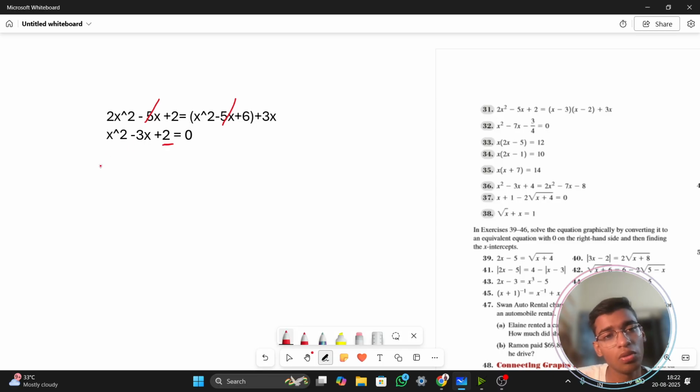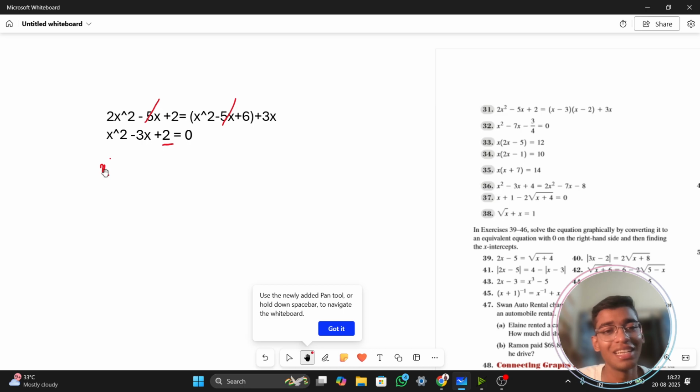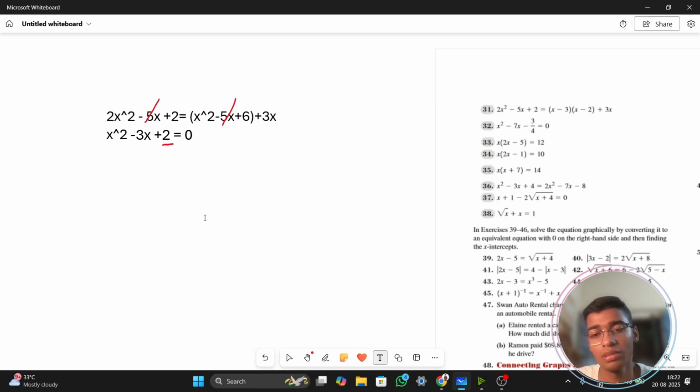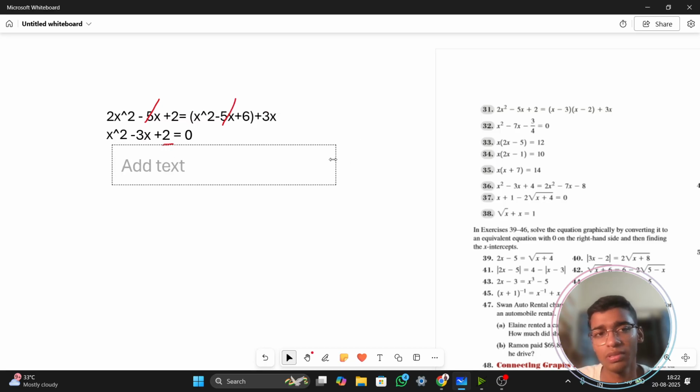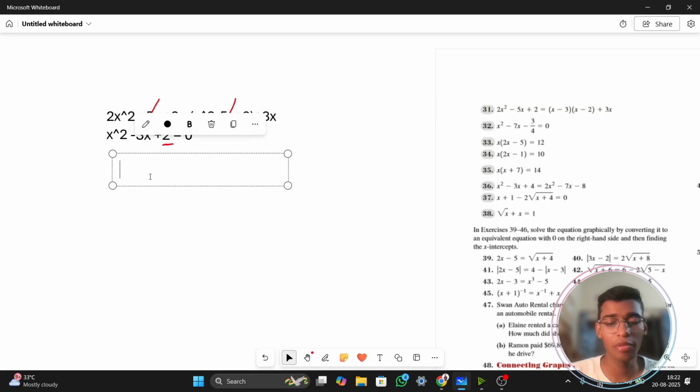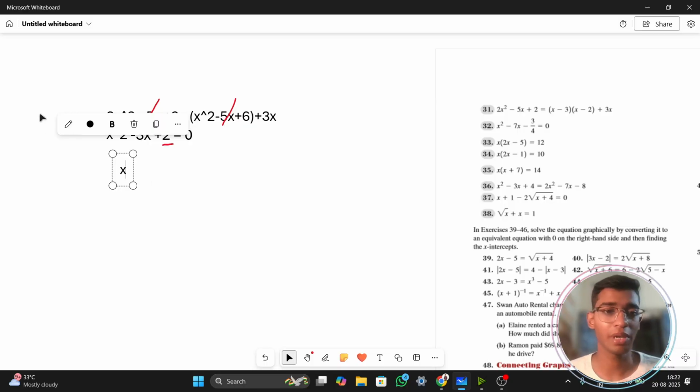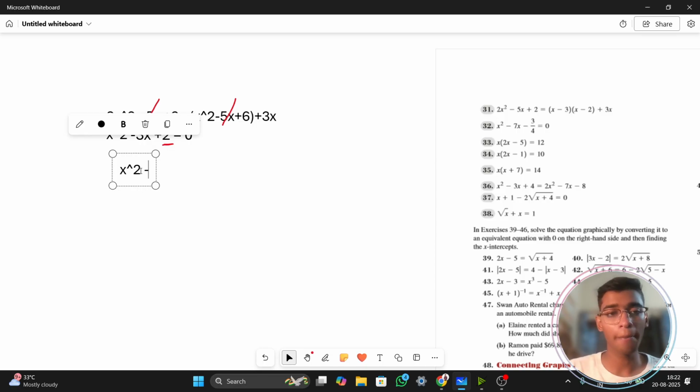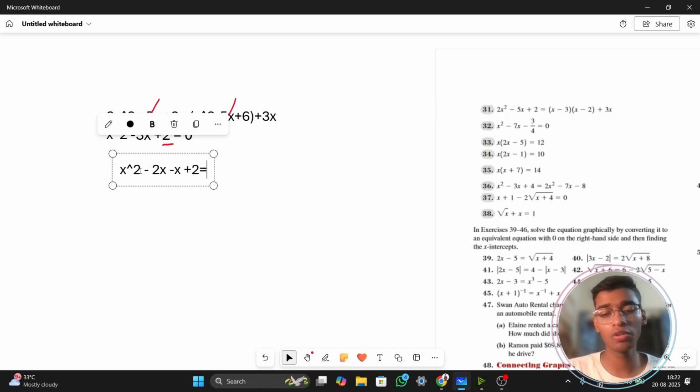So x squared minus 3x can be written as minus 2x minus x. This is exactly the same thing. I'm just breaking it into two parts.